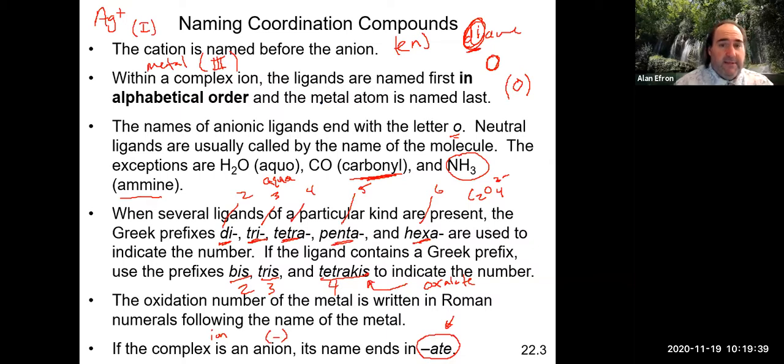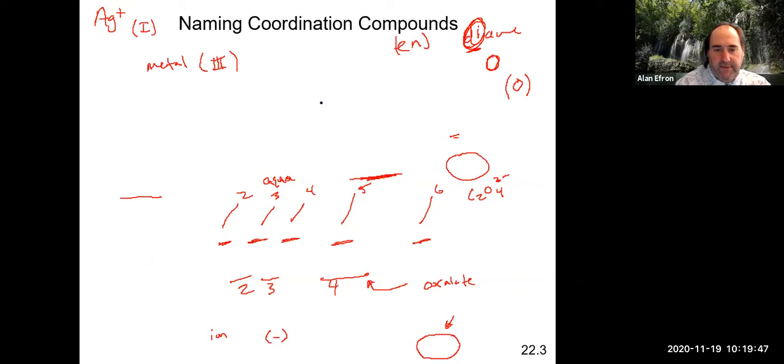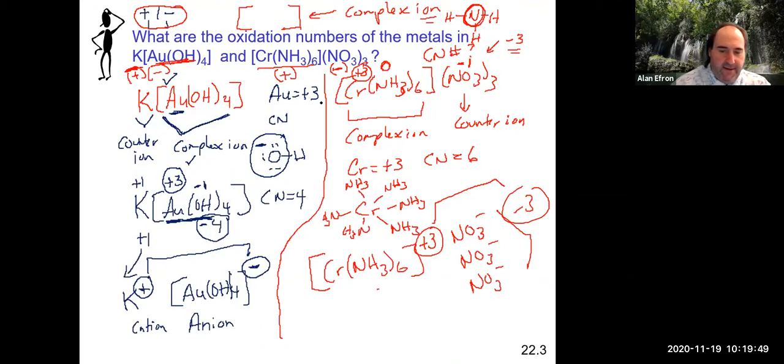But just to give you an idea, let's see how one works here. We'll go back to this one, and we'll go with this one on the right since we got some room to work with here.